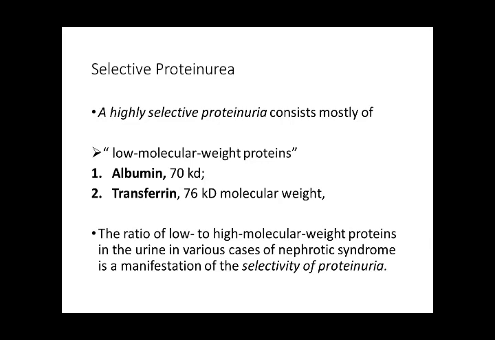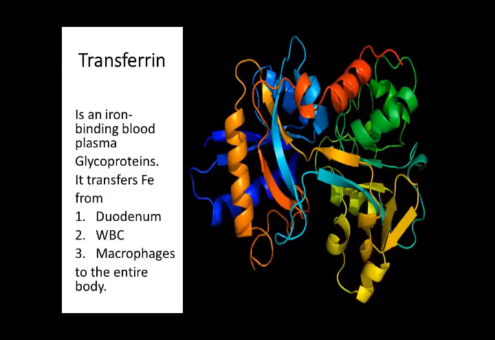This is the protein we need for keeping a normal iron level in the body. The ratio of low to high molecular weight proteins in the urine in various cases of nephrotic syndrome is a manifestation of selective proteinuria. Yes. Transferrin.